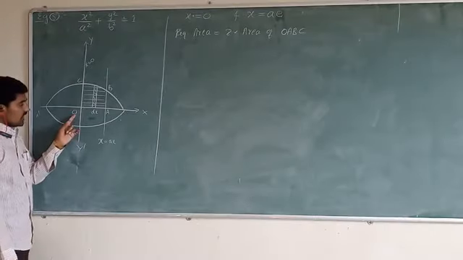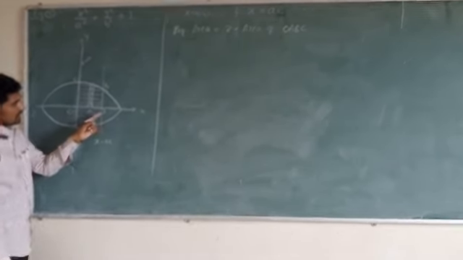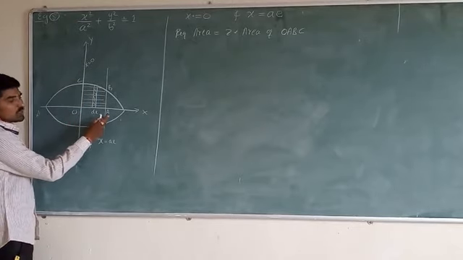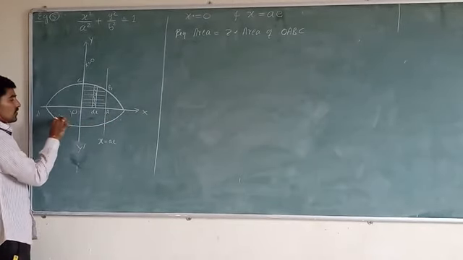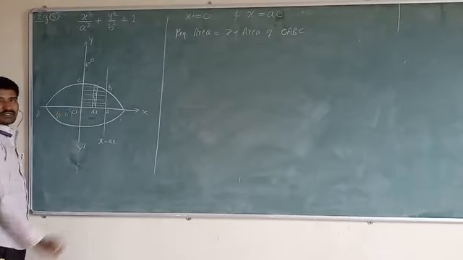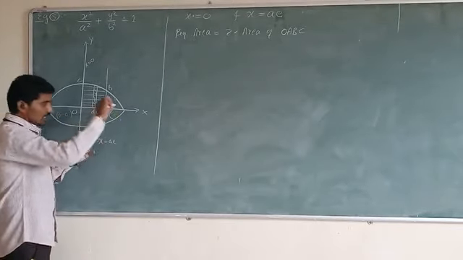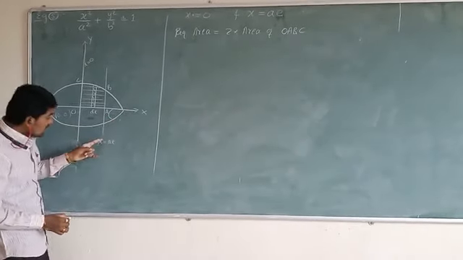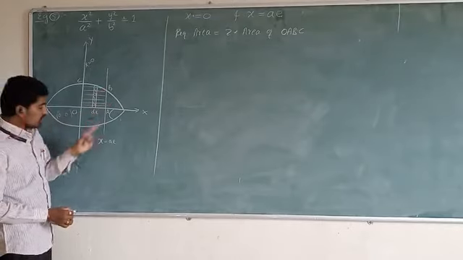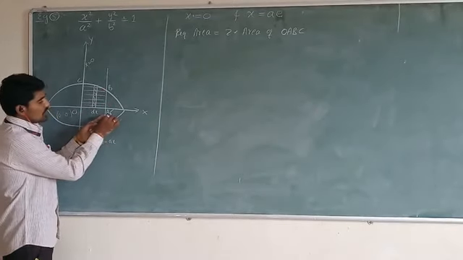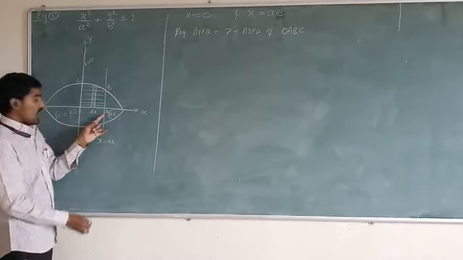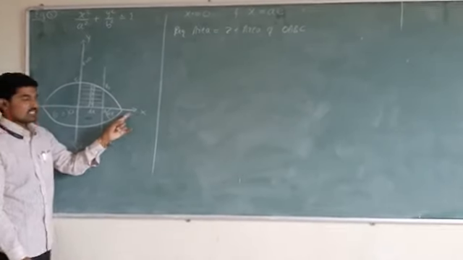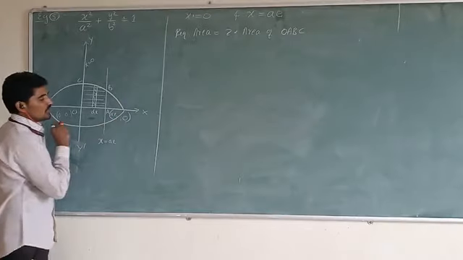For the required area OABC, x is varying from the origin to the point A. We already know that the coordinates of the origin are 0, 0. The point A lies on the x-axis and the line x equals to a, therefore the x coordinate of the point A is a, and its y coordinate should be equal to 0.